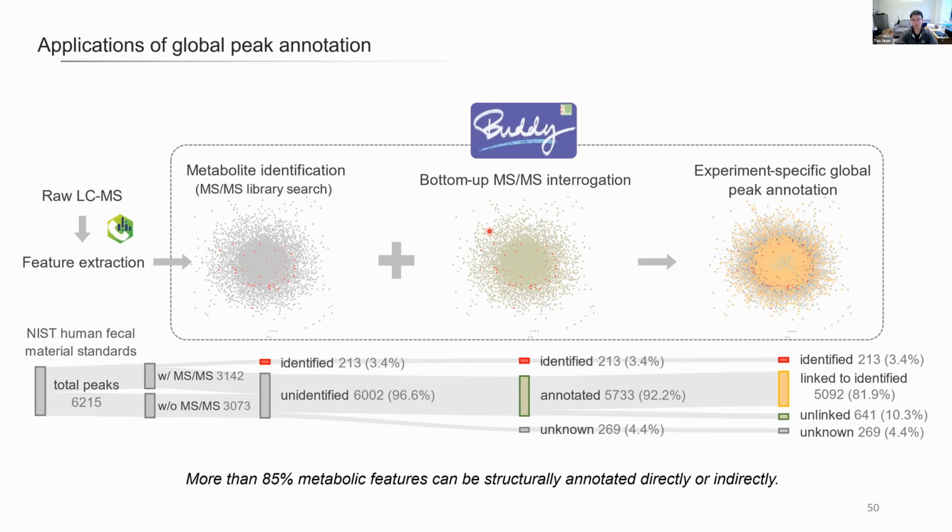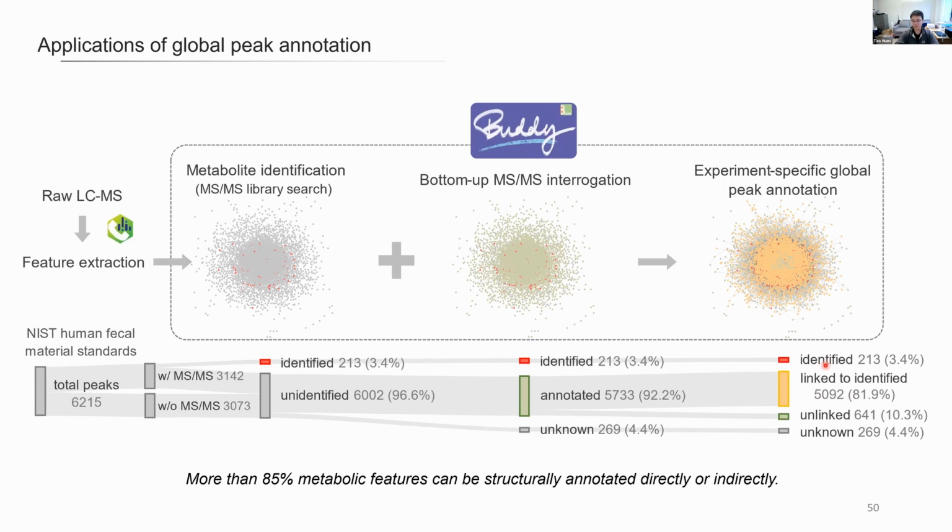Then we perform the bottom-up MS interrogation, and we can get 92% of them annotated with a molecular formula. Going a step further, using this global peak annotation, or global feature optimization, we can link about 5,000 of them to these identified metabolites.